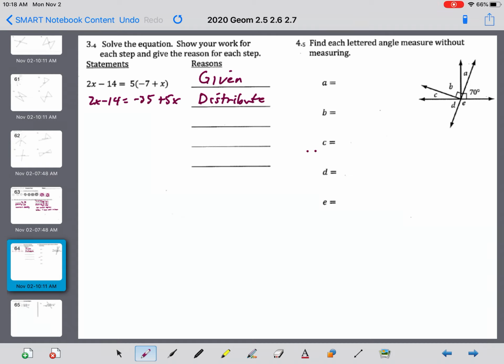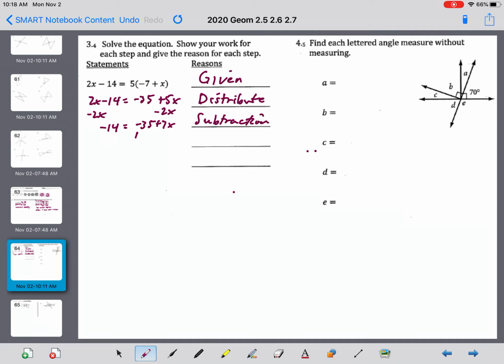All right, next thing I'm going to do is subtract 2x from both sides. So my work is going to be negative 14 equals negative 35 plus 7x. Now, that was subtraction, since I subtracted the same thing from both sides.